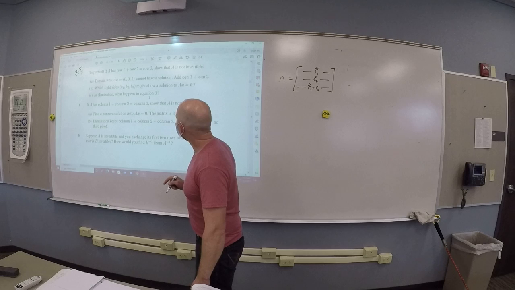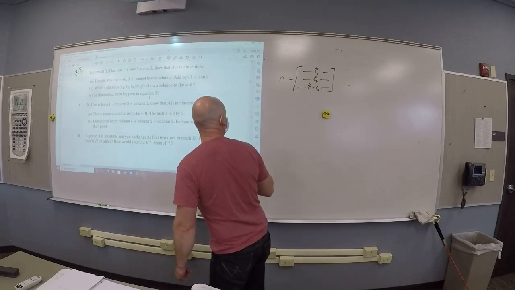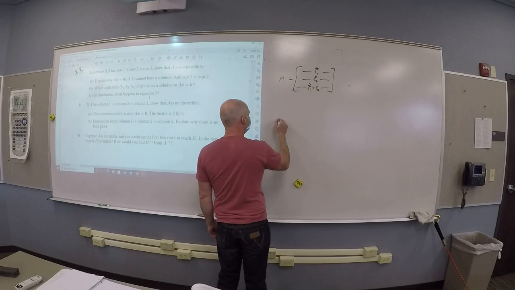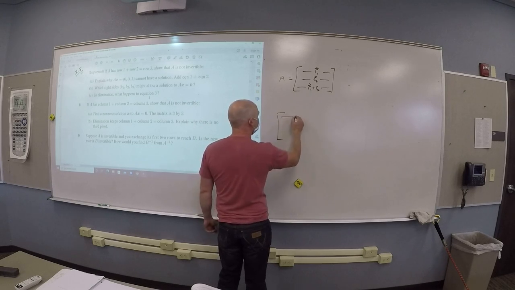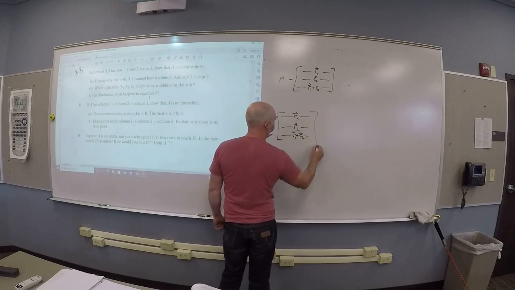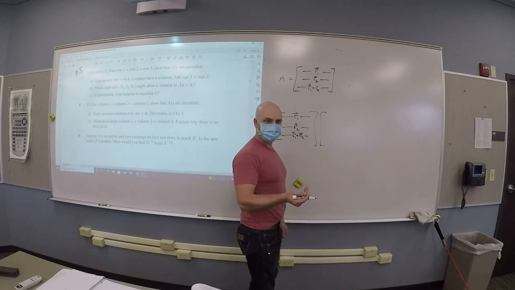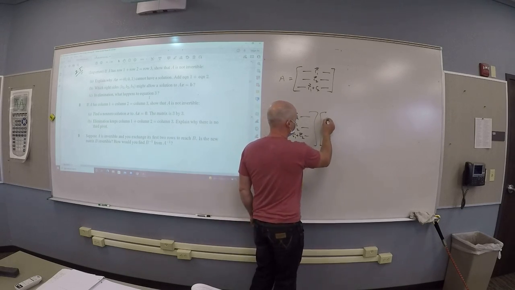Okay, and then they're asking me to consider this equation where I'm taking my matrix A, multiplying by a vector, sure, let's just assume it's a vector (x, y, z), right?